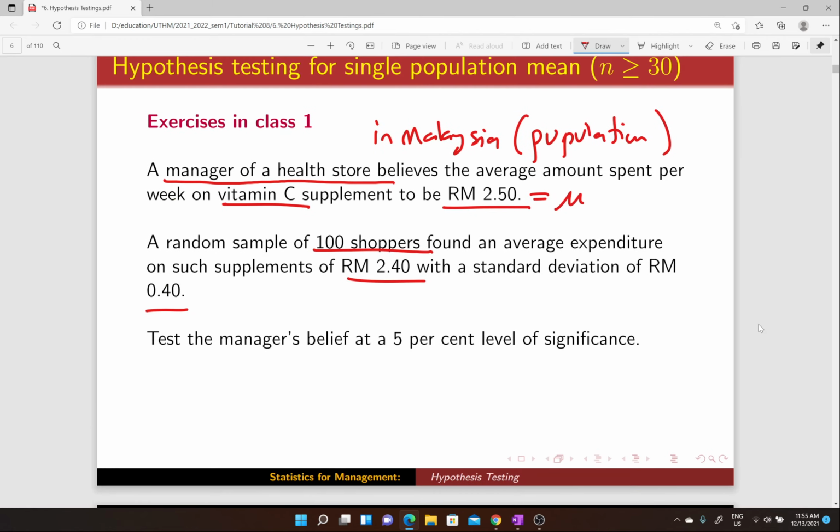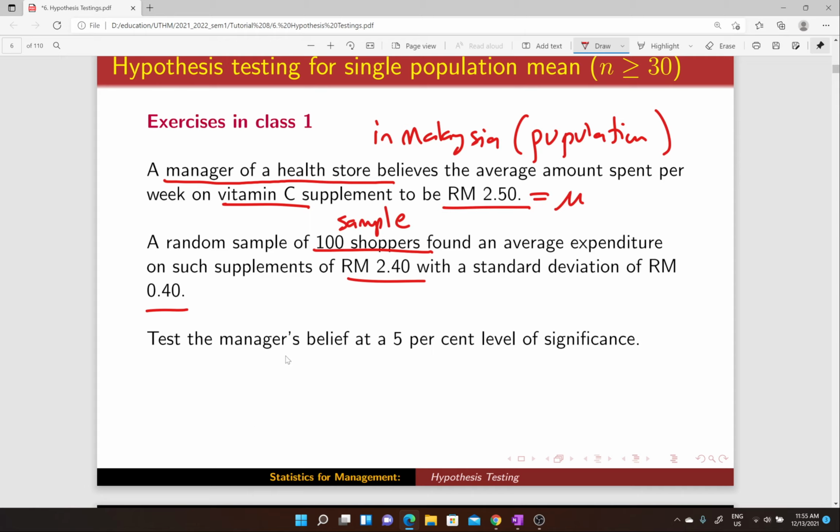So how to do this? Let me rephrase. There is one manager who believes that in the Malaysia population everybody is spending 2 ringgit 50 cent, and then 100 shoppers are selected. This is the sample.